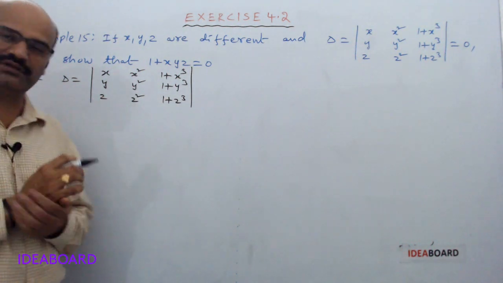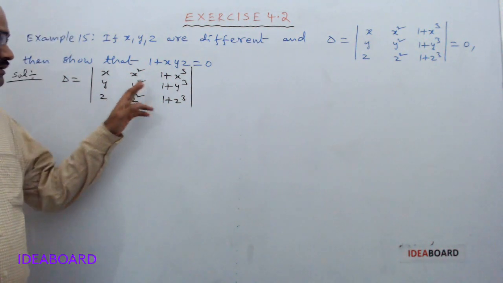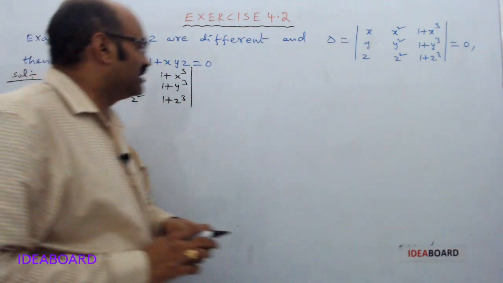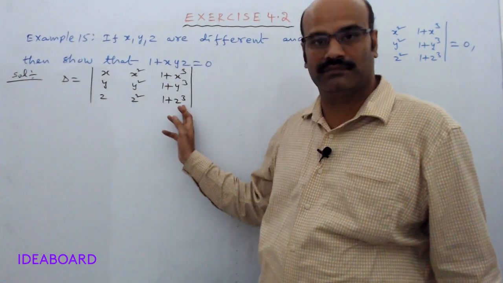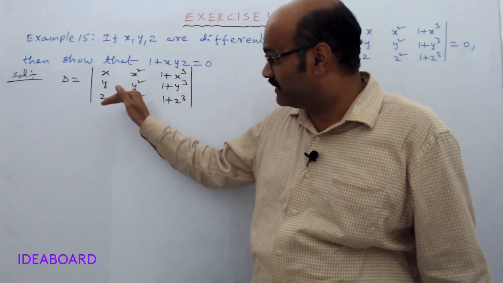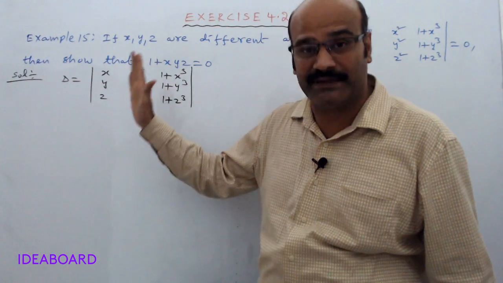Let us take delta equal to this one. We know that if each and every element of any row is sum of two elements, then the given determinant can be expressed as sum of the two determinants.